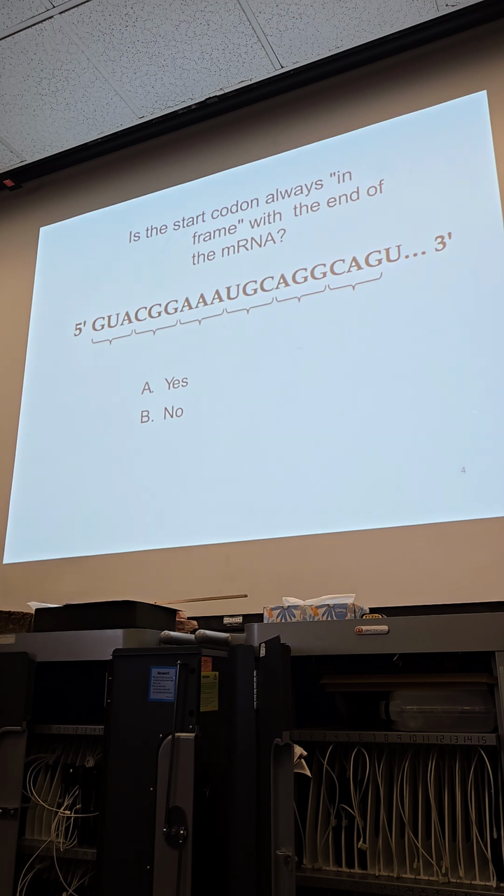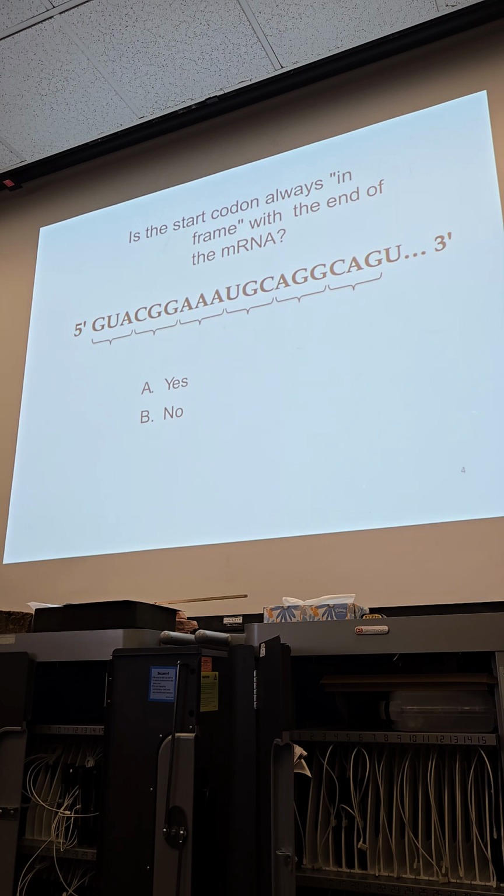RBS is just a sequence of ribosome binding. Does the RBS follow the 3?